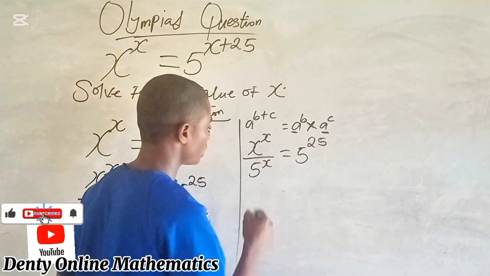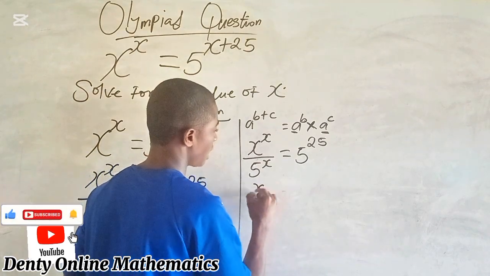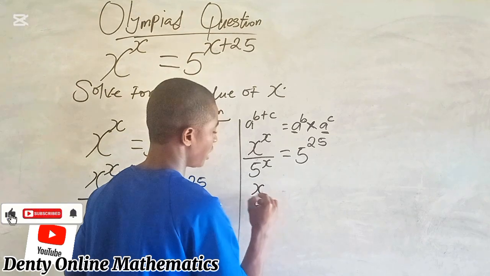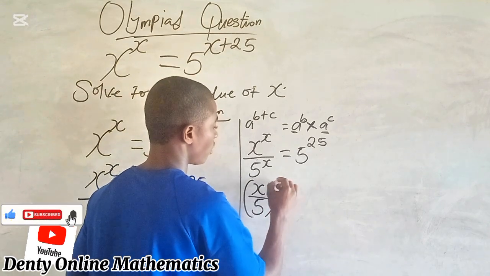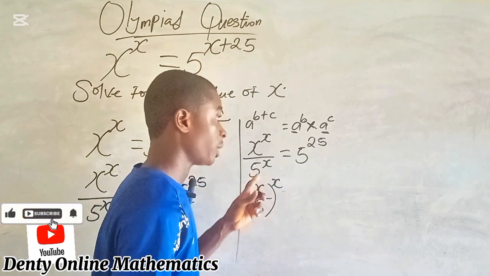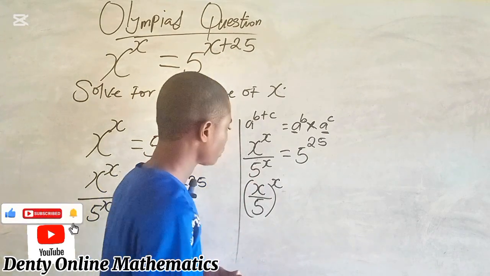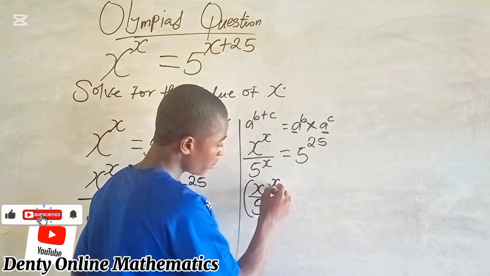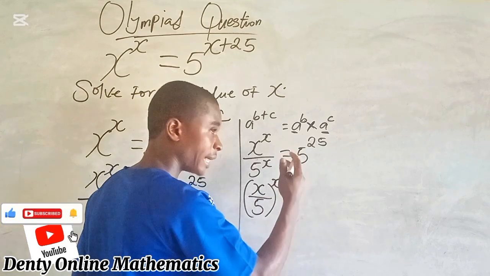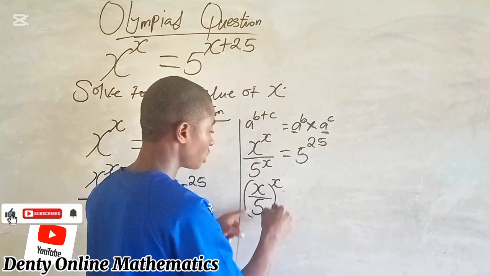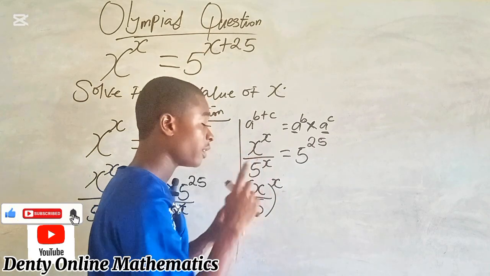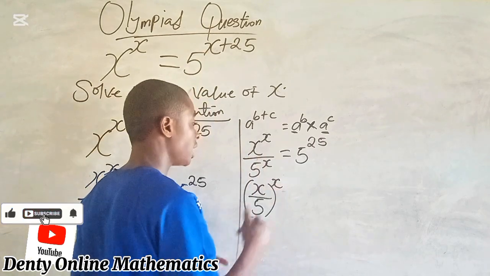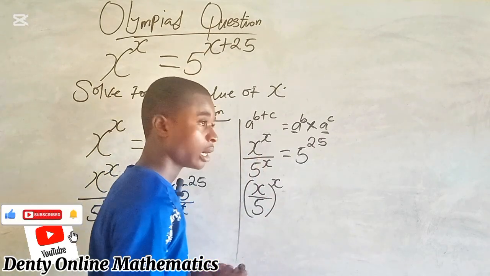So what I will do is I'll group this as x all over 5. All of this is raised to the power of x, because by law of indices, if you have one power outside and then you have a function inside, everything in the bracket will share the exponent at the top.